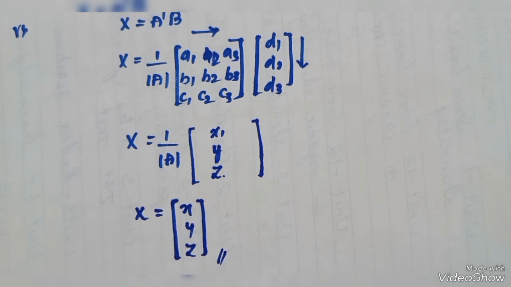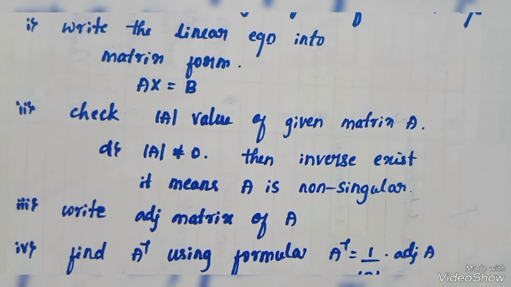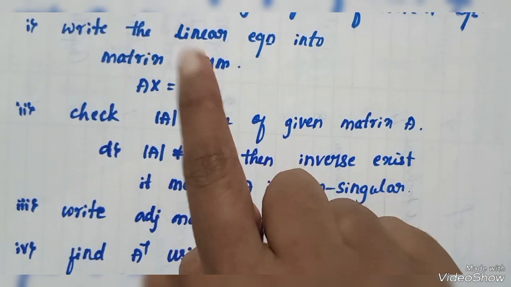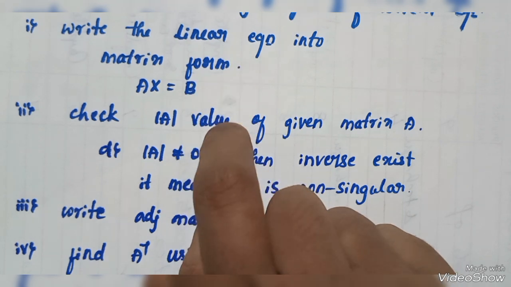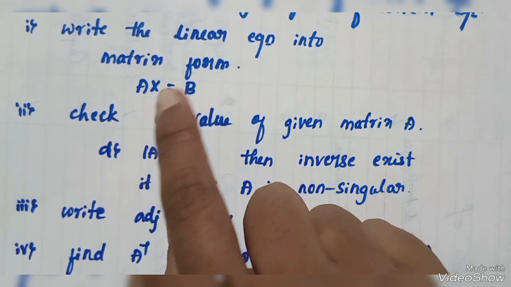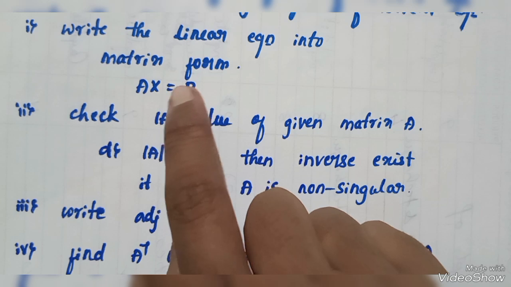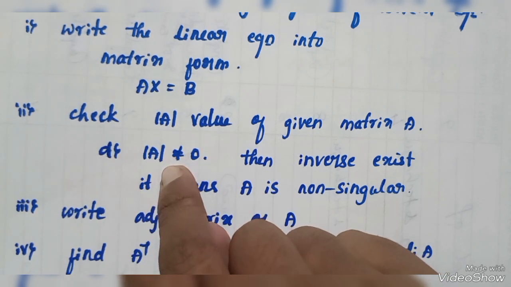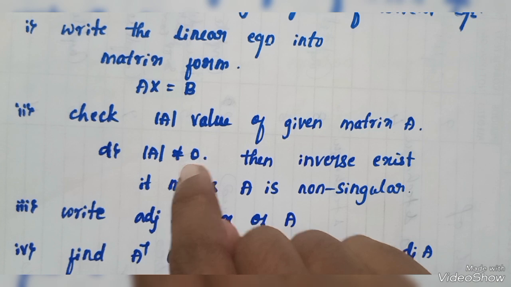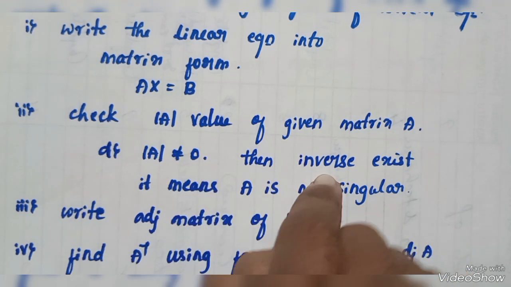Once again, let us check the working rule. First step, write the linear equation into matrix form. When a system of linear equations is given, first we have to write it in the Ax is equal to B form. After that we have to find the determinant value. If the determinant is not equal to 0, then an inverse exists.